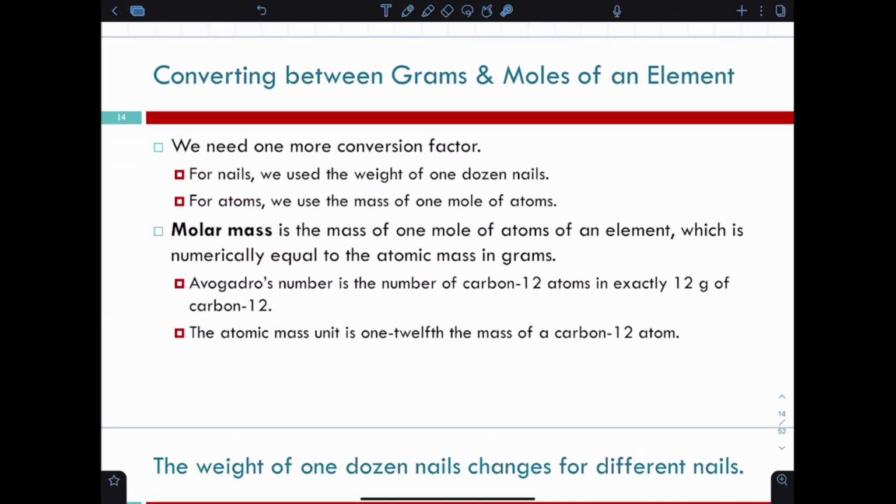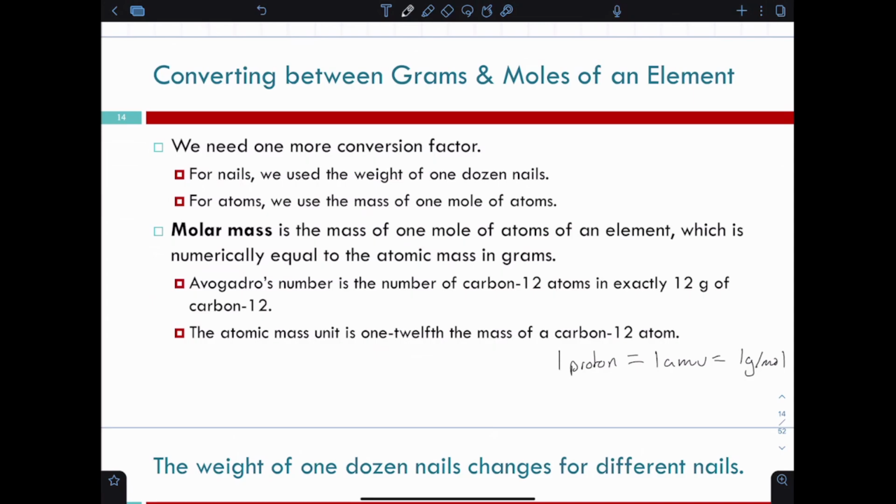If you remember, Avogadro's number is the number of carbon-12 atoms in exactly 12 grams of carbon-12. And an atomic mass unit is 1/12 the mass of a carbon-12 atom. So that means that 1 proton equals 1 AMU equals 1 gram per mole.